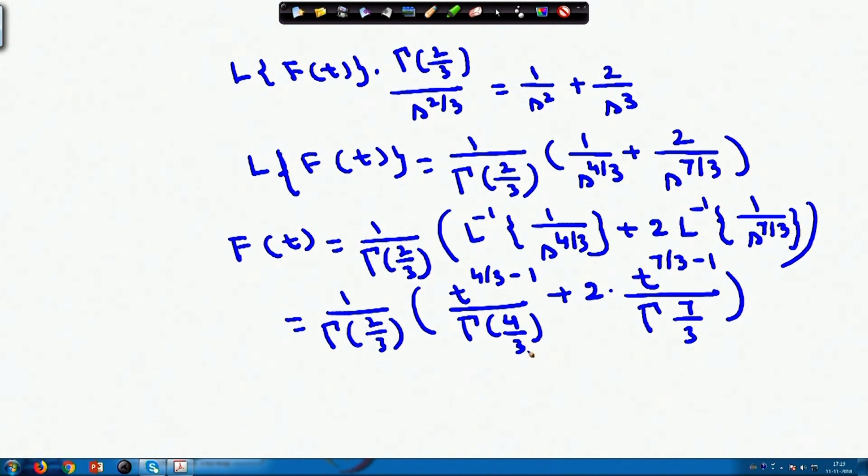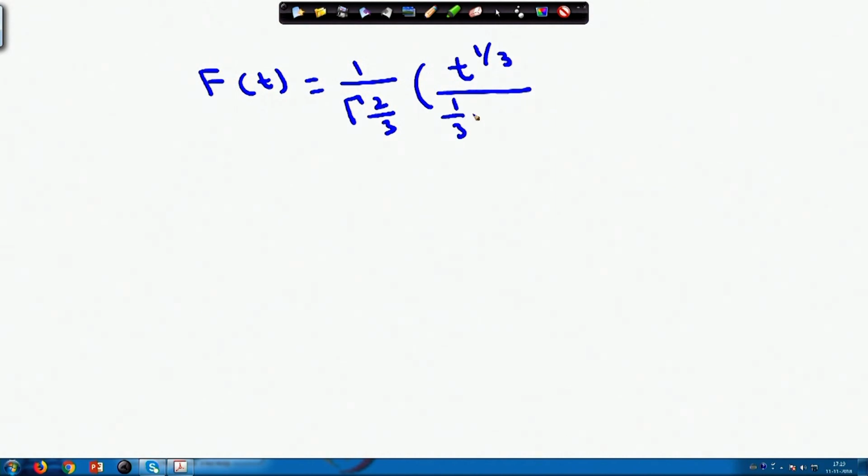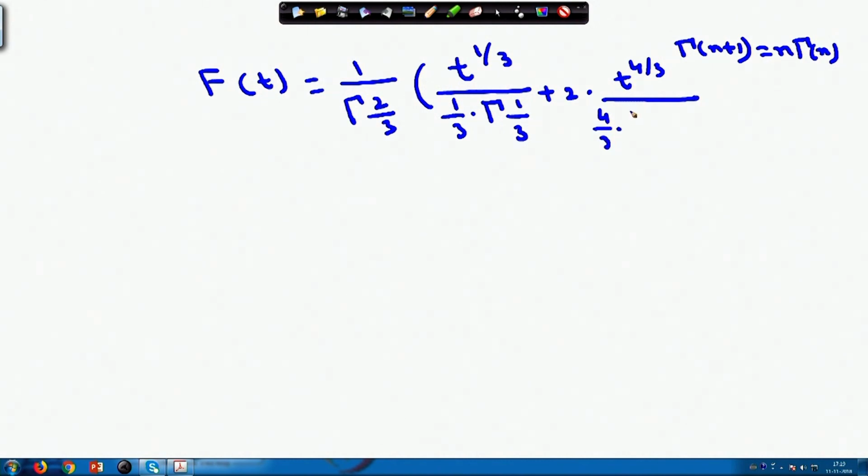And now, if I make the changes from here, I can write f(t) as 1 by gamma 2/3 into t to the power 1/3 divided by 1/3 into gamma 1/3, because gamma n plus 1 equals n gamma n, we are using this property, plus 2 into t to the power 4/3 divided by 4/3 into 1/3 into gamma 1/3.